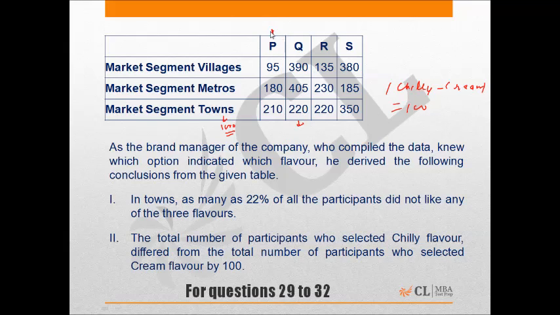And on computing the value of P, Q, and R, we get P as 485, Q as 1015, R as 585, and S as 915.